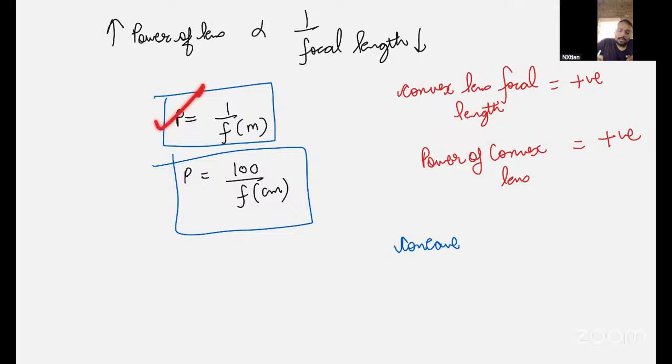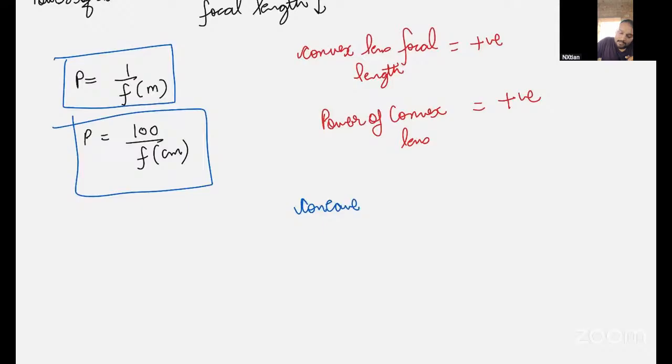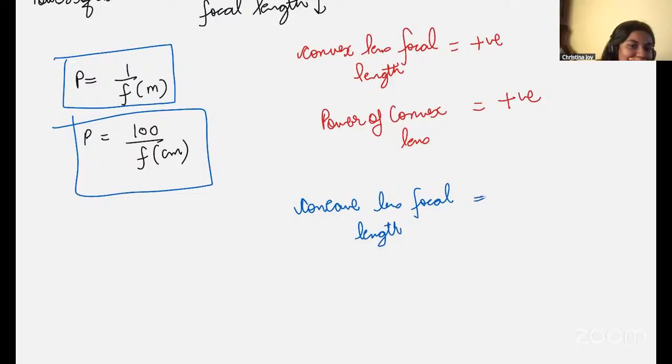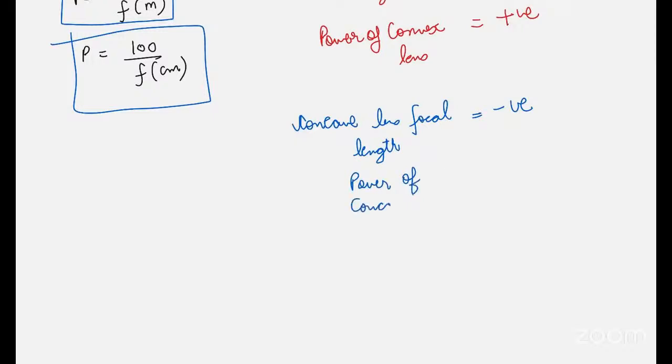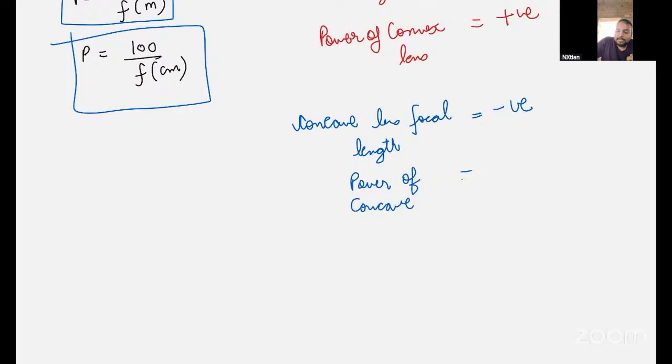And if concave lens focal length, Christiana, if you forgot, can you please tell me what is a concave lens focal length? Negative. Are you sure about that? Correct. So it is negative. So now power will be negative. Very good.